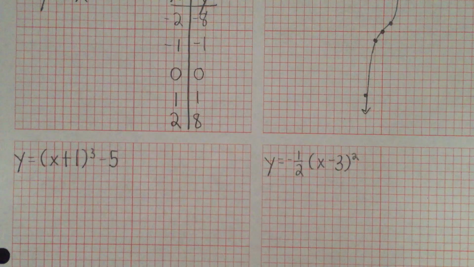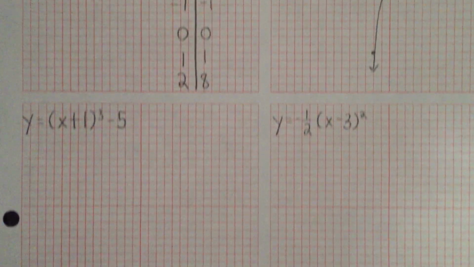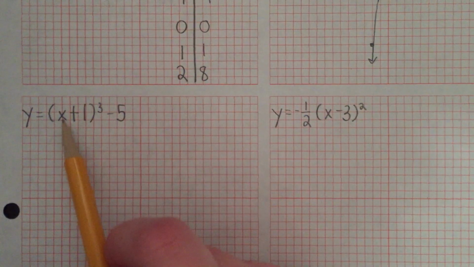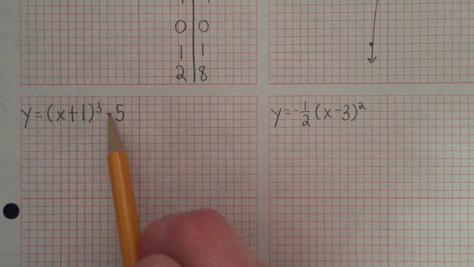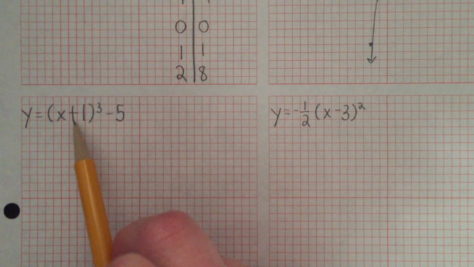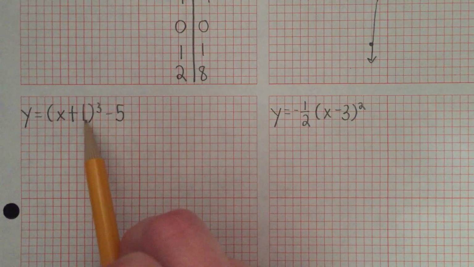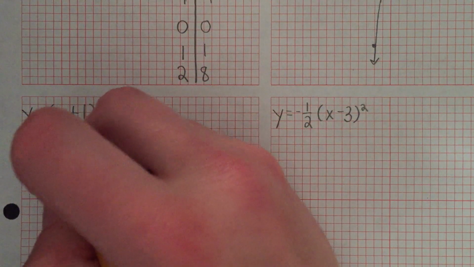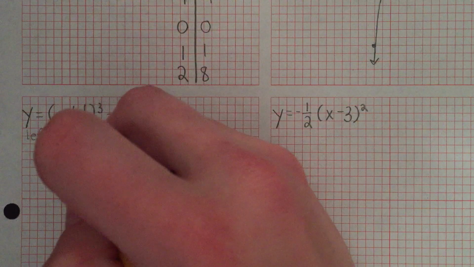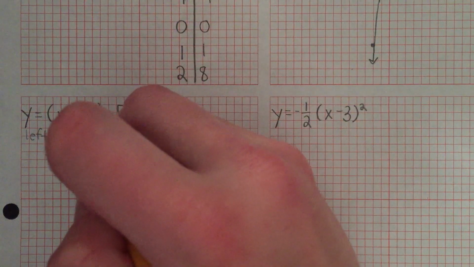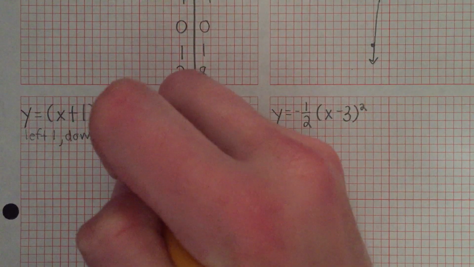All right, looking at some transformations of this graph, if I gave you quantity x plus 1 cubed minus 5, remember that the plus 1 here on the inside means it moves left 1, and the minus 5 on the outside means it moves down 5.